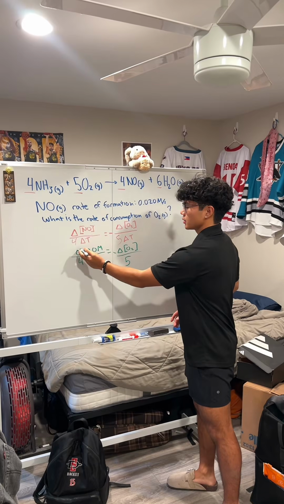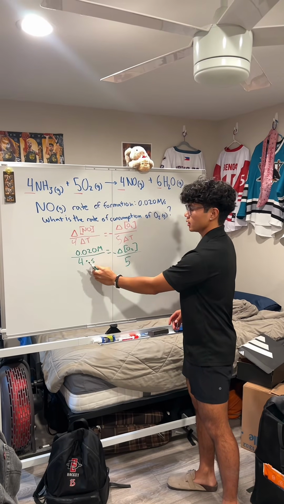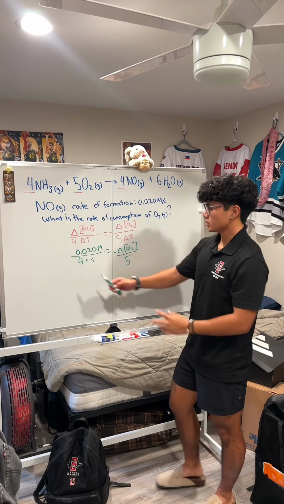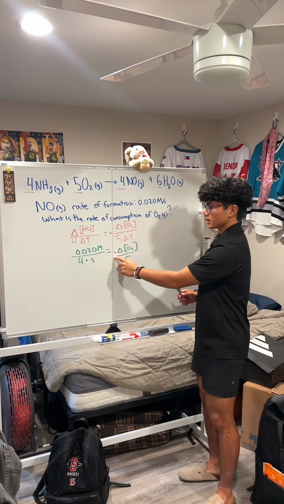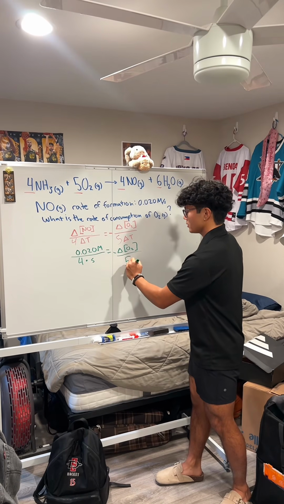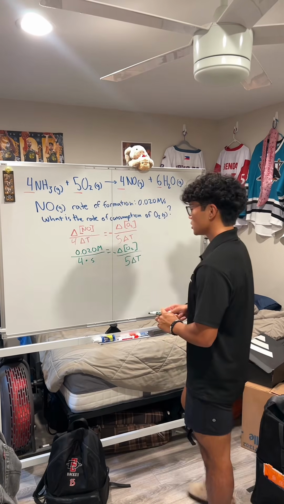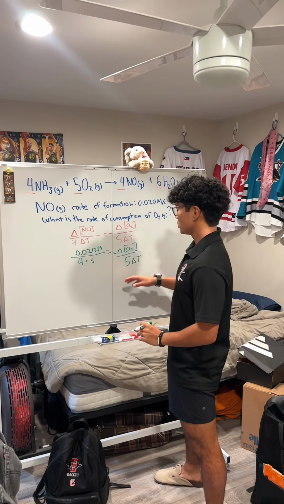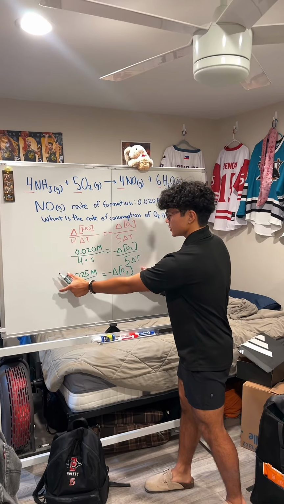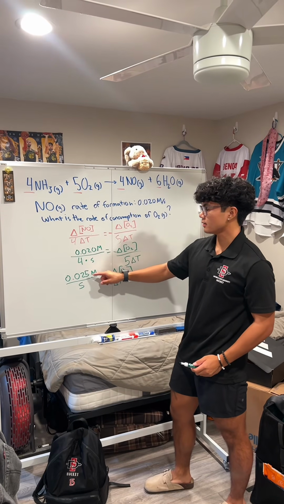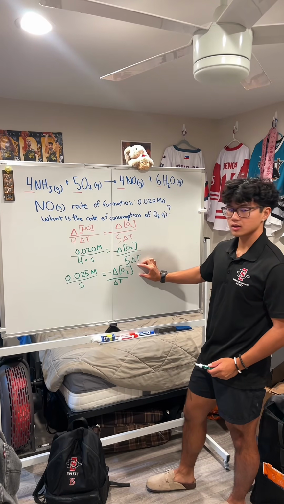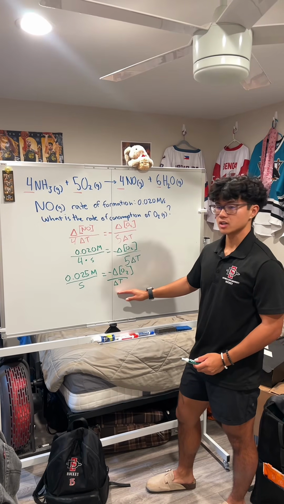We have the rate of formation, which is molarity over seconds, so we replace this concentration and also this delta T. We still have the 4 there, equals negative delta concentration of O2 all over 5 times delta T. When we solve this algebraically, we multiply both sides by 5, and we end up getting 0.025 molarity over seconds equals negative change of the oxygen concentration over the change in time.